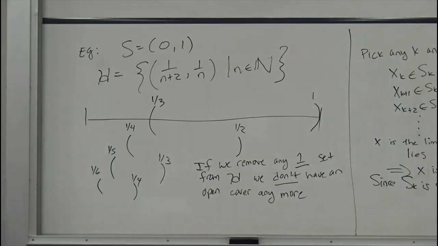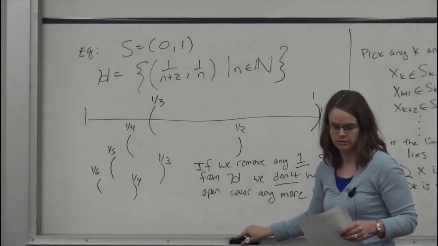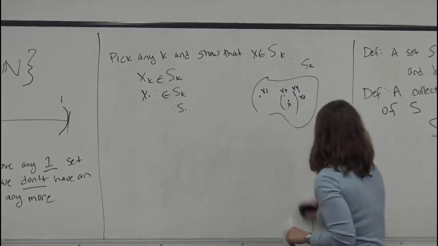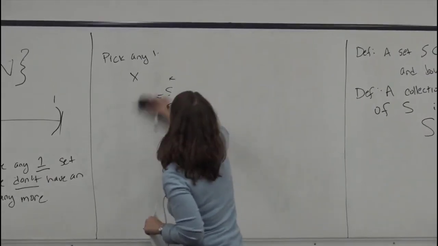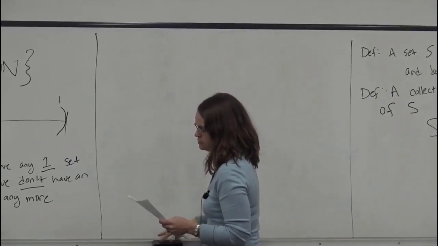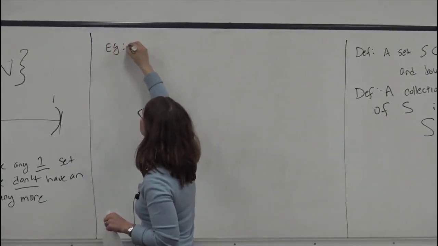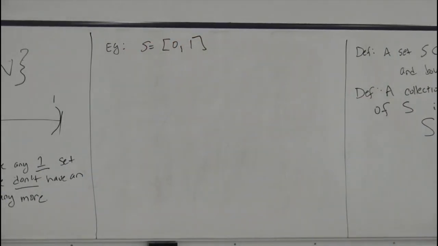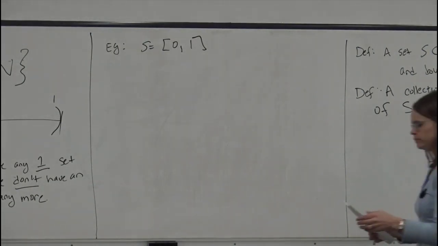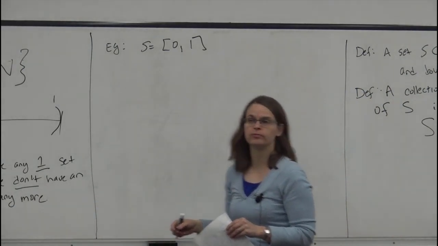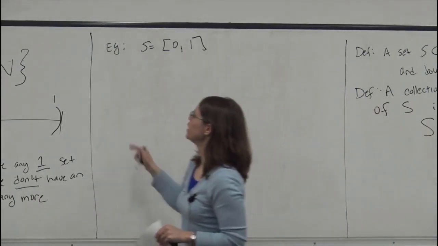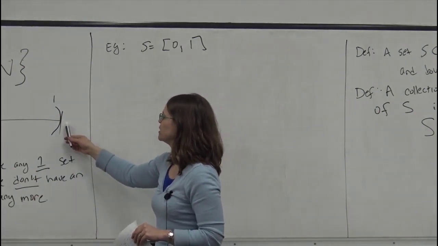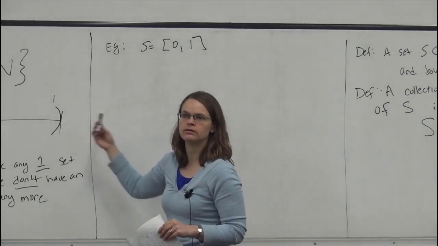So let's see what changes when I include the endpoints in here. I'll make this set closed. So now S is the closed interval. This is compact now, closed and bounded. I'm going to build an open cover. I'll start from the same open cover that I had here, but of course I need to add a little bit more in here because I would now need to be able to cover the endpoints as well.